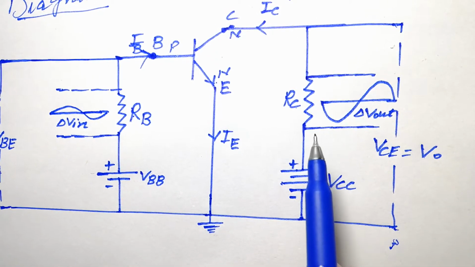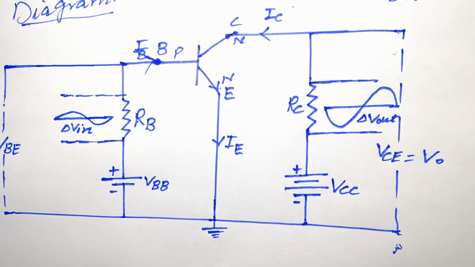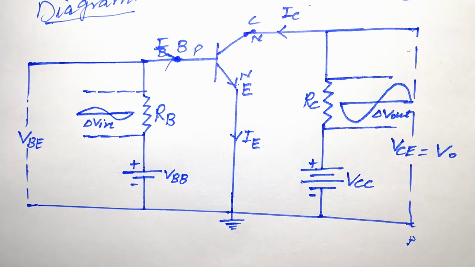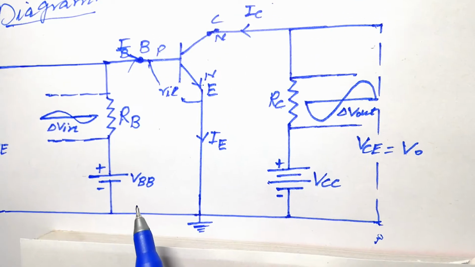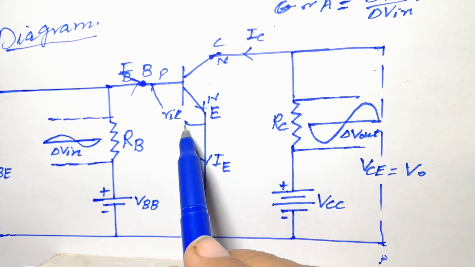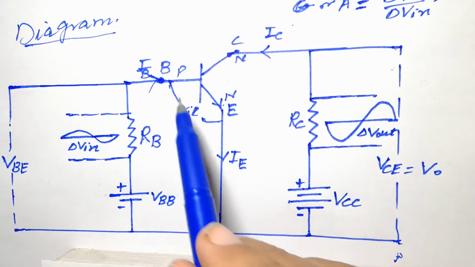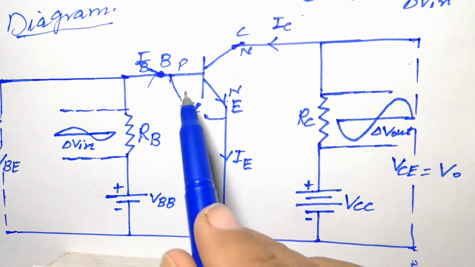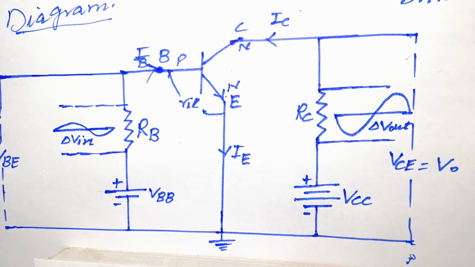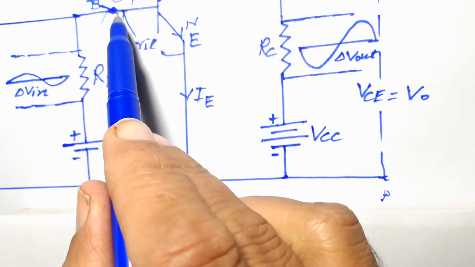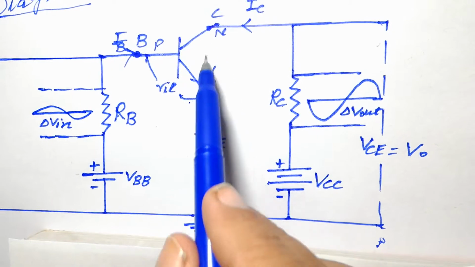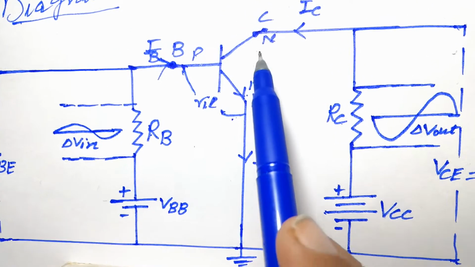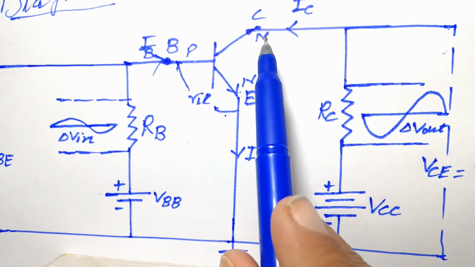Now students, amplification. I just told you that we are looking at the transistor as an amplifier. RIE is the input resistance between these two terminals, the emitter and base. VBE is the input voltage and VCE is the output voltage.